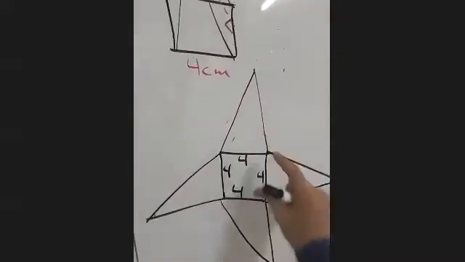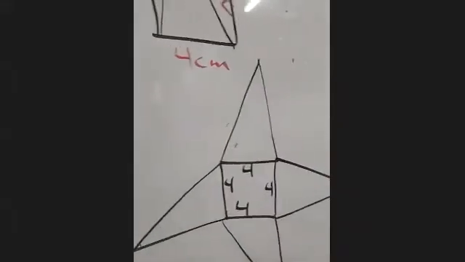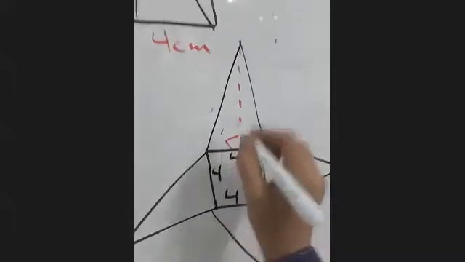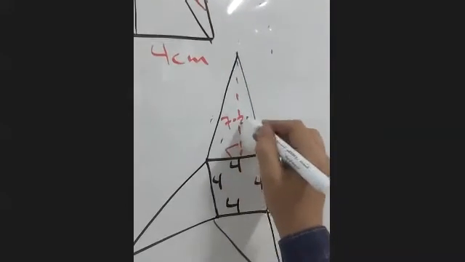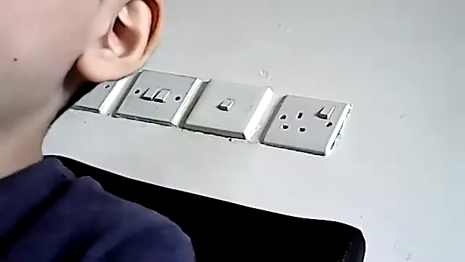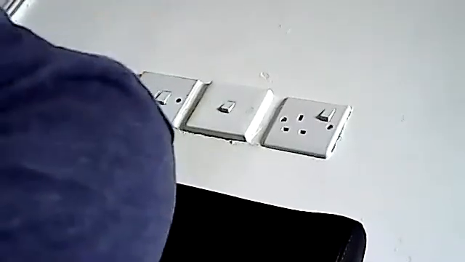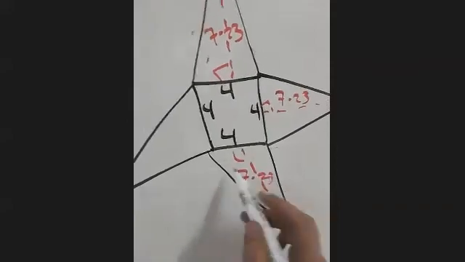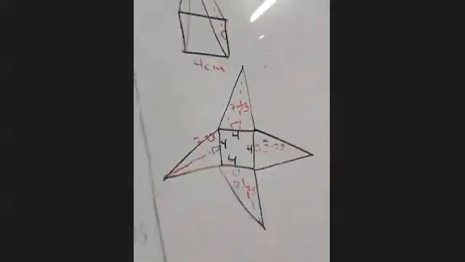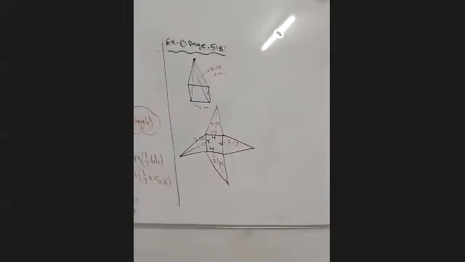All of them have the same base and the same height. The height is given, 7.23. And here also 7.23. Here also 7.23. Here also 7.23. This is the net of this figure.